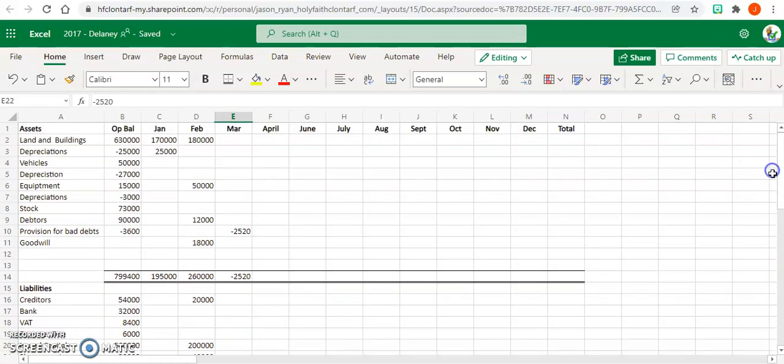So that's your March. So our provision for bad debts, okay, so it's going to be minus against our debtors. So our provision for bad debts has now increased.